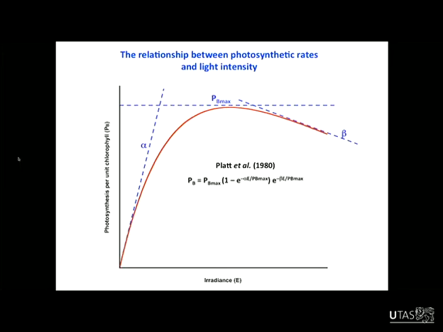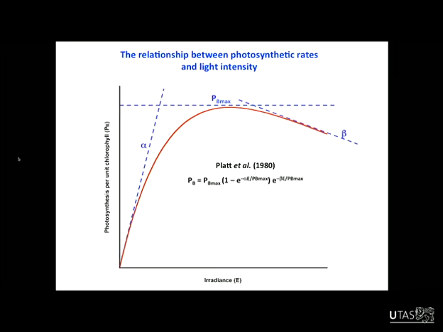So we can quantify the amount of productivity as a function of light using these curves, and using alpha here, which is the linear slope of the first part of the photosynthetic spectrum. There's a maximum value here, and also this photoinhibition parameter. We can create an equation like this which describes the shape of this curve.